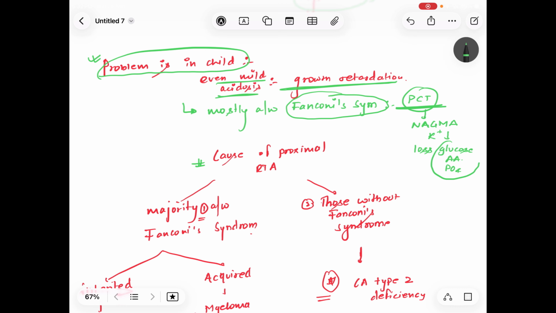Because of this, there is growth retardation, and because of loss of phosphate, there is associated rickets in the child. So a child presenting with NAGMA, hypokalemia, growth retardation, and rickets-like manifestation, you have to suspect renal tubular acidosis type 2.